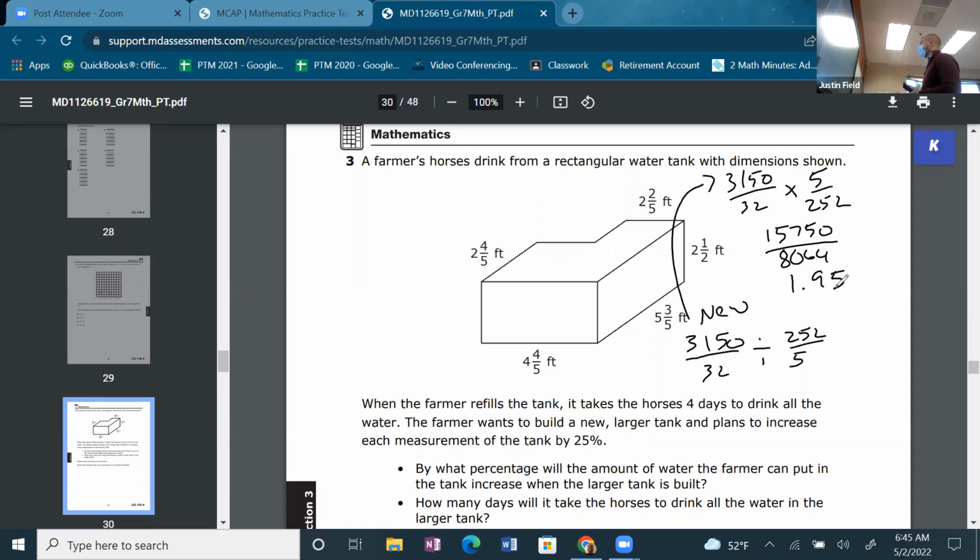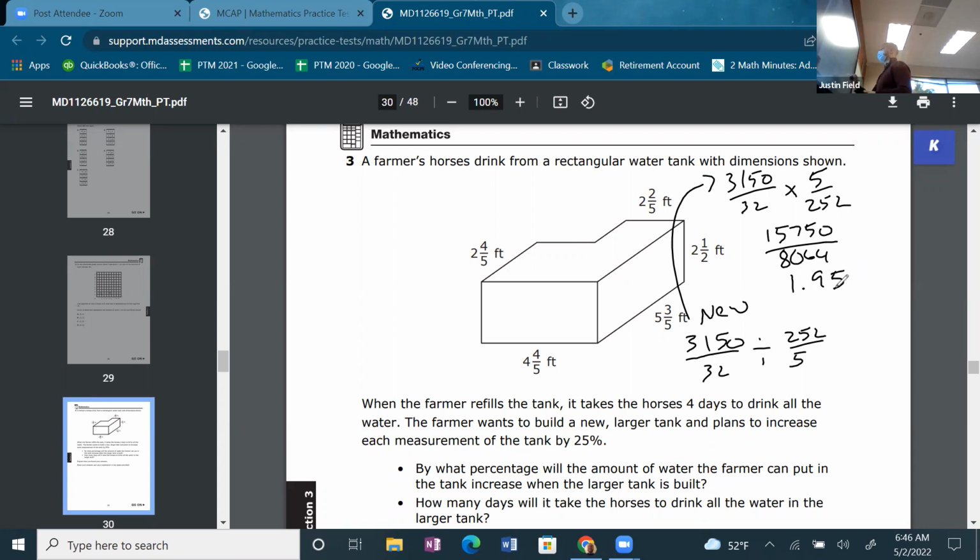By what percentage will the tank increase? Well, I'm sorry. To get a percent increase, you have to do new minus old over old. So I just did new over old, but I actually have to subtract the new and the old.